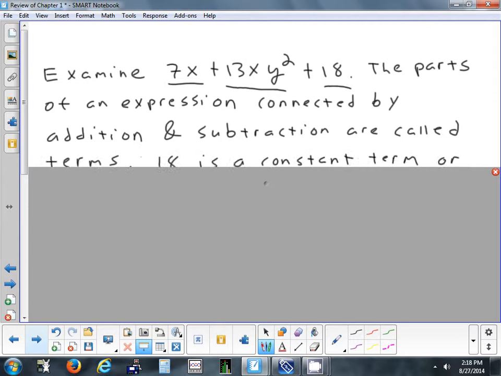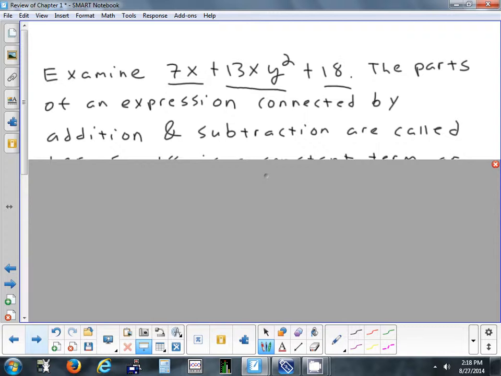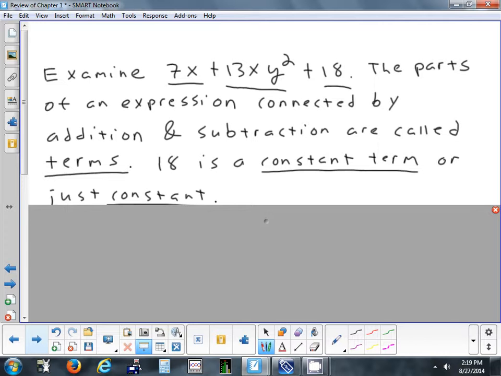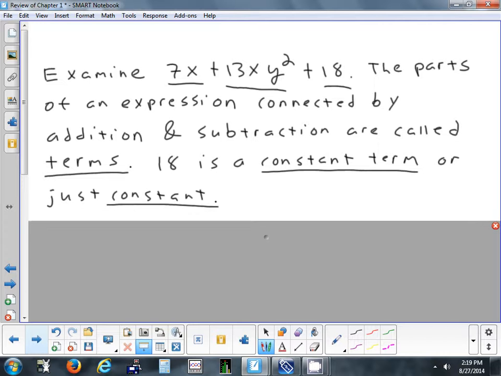What do you notice about the 18 that's different than the first 2 terms? Exactly, it doesn't have a variable. Variable means things are changing, right? Variable speed fan, you can change the speed. If something doesn't have a variable, it's always staying the same. Something that stays the same all the time is called a constant.